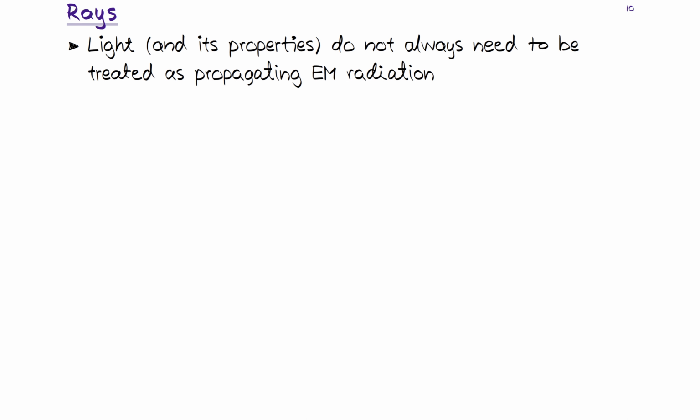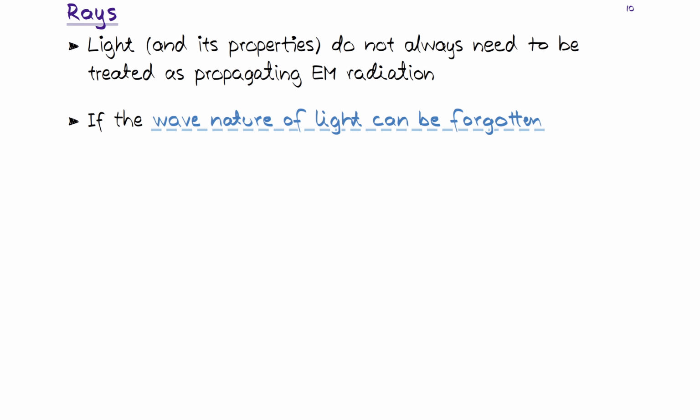In practice, if we forget the wave nature of light, mathematically we would let the wavelength lambda tend to 0. In essence, we can neglect the diffraction of light, so light doesn't diffract anymore, but rather just propagates straight through, and that's it.